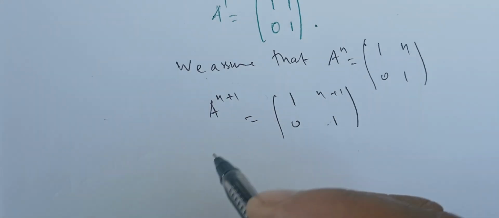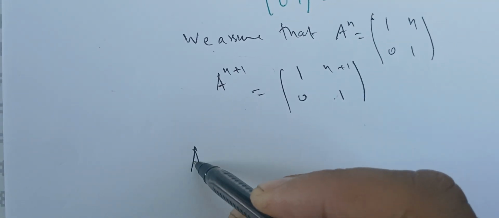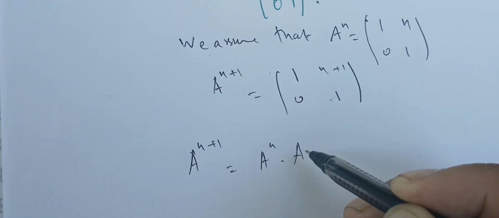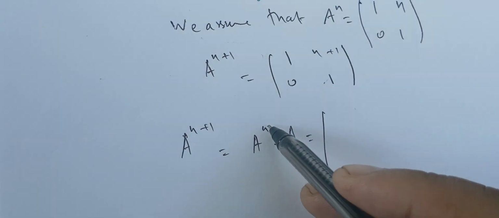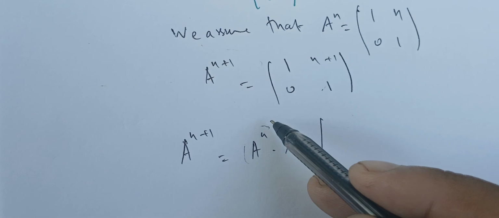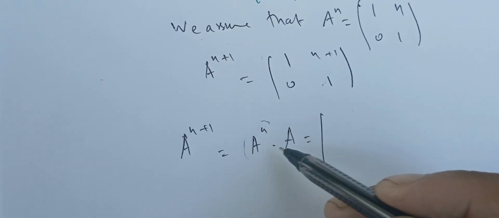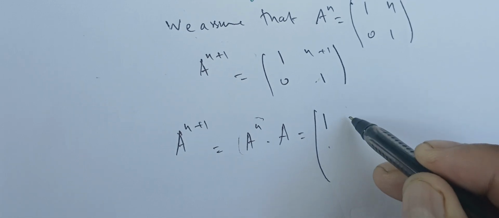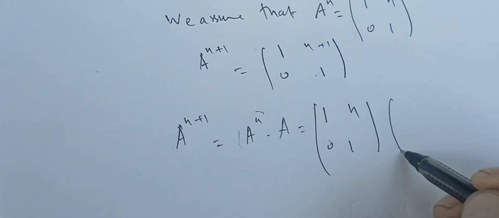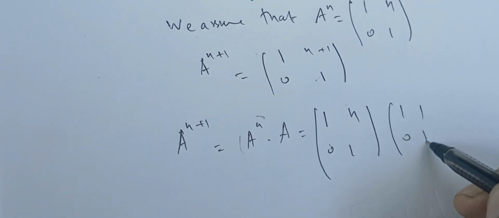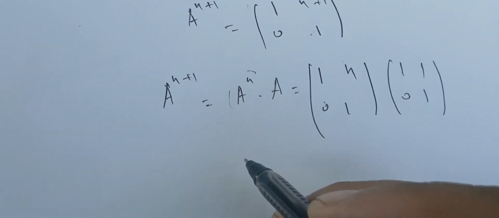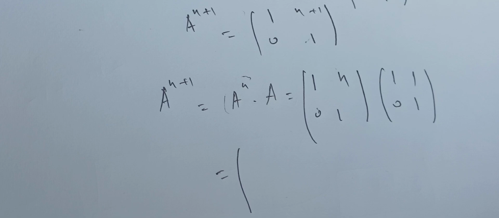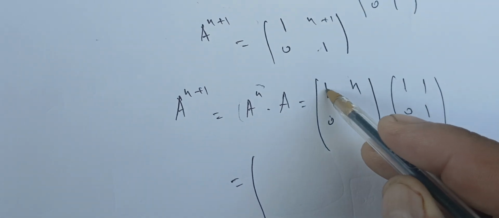By definition, A to the power n plus 1 is A to the power n times A. This means that we're going to use the hypothesis that we have about A to the power n. So we have 1, n, 0, 1 times 1, 1, 0, 1. Now we use the product of matrices to get the result.